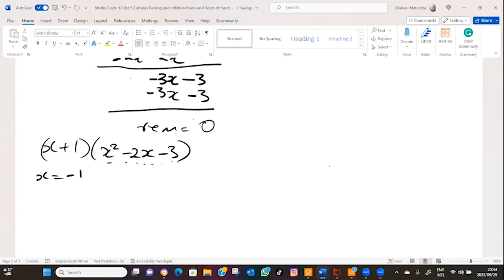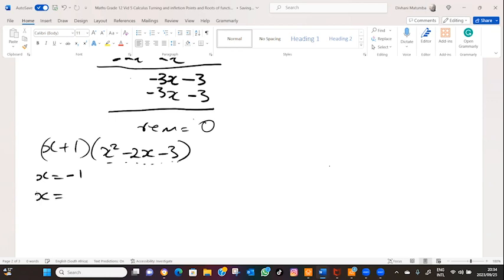With that equation, we can factorize, but I prefer not to factorize because factorizing can be a little bit harder. I always use the quadratic formula to find the roots of a cubic equation, or of a cubic factor, sorry.